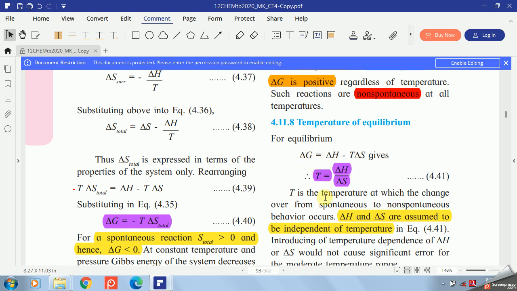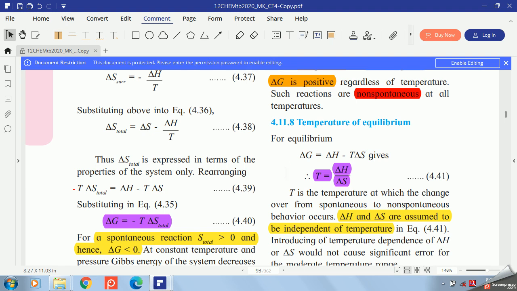if we write the rearranging equation, T is equal to... when we write delta G is equal to 0, if we write the equilibrium condition, this equation becomes 0. It becomes 0 when your process is at equilibrium.